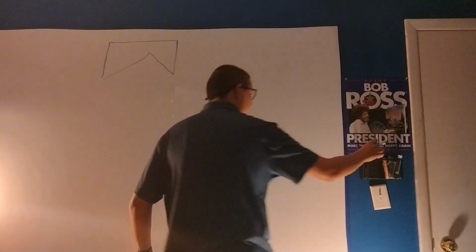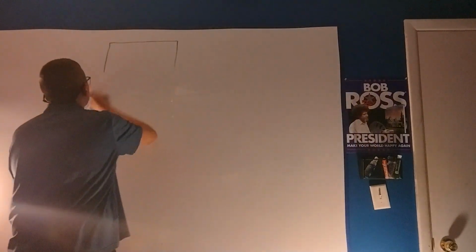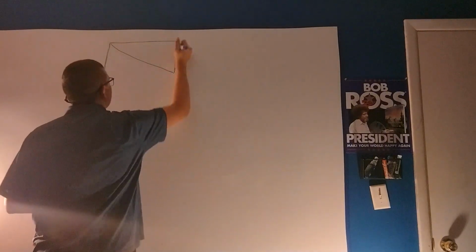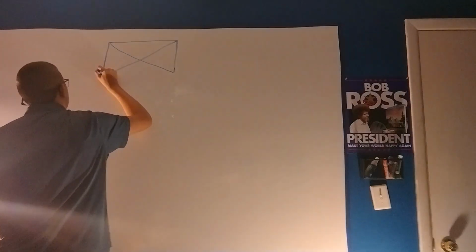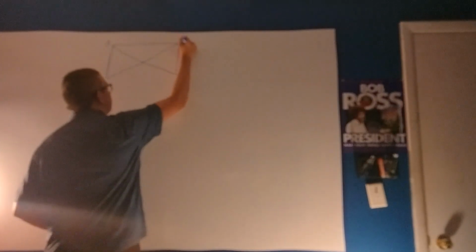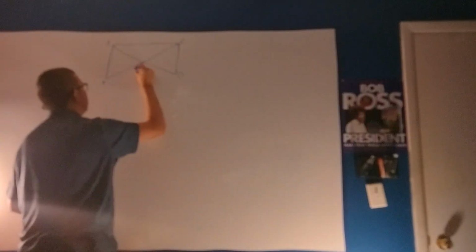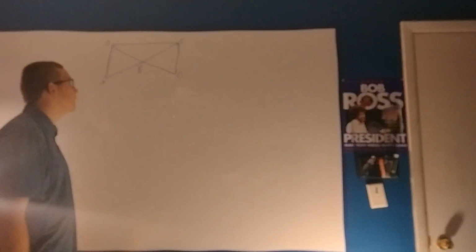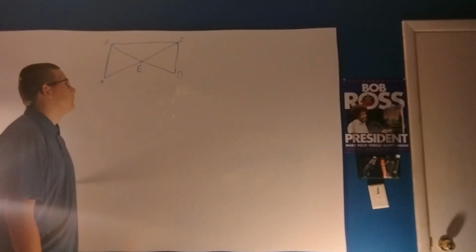I drew it a bit incorrectly. I just have to fix this part right here. It's going to look like this and like this. They're going to have to cross right there. And then I have this labeled A, B, C, D, E. So it goes around like that. A, B, C, D, and E. So this is our diagram. Has this overlap area here. Creates 1, 2, 3, 4, 5 different triangles.